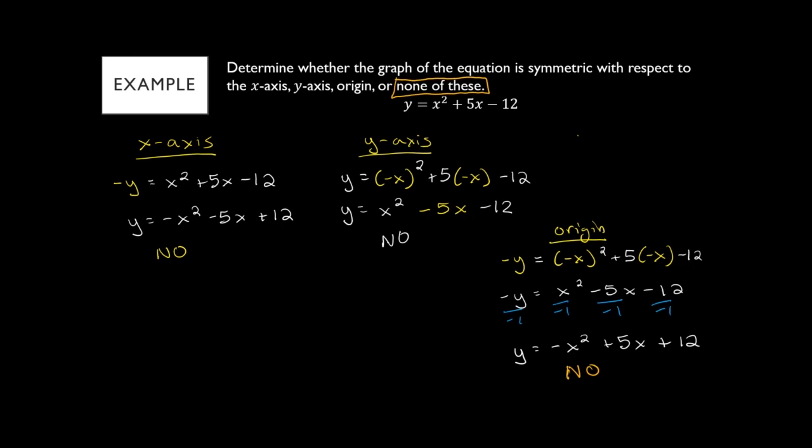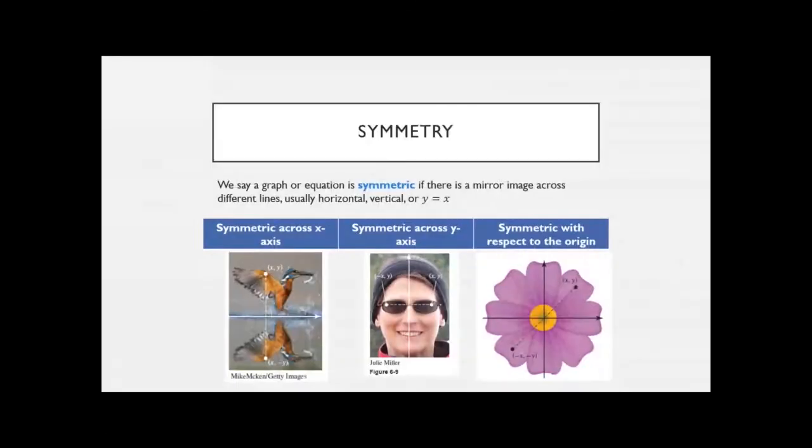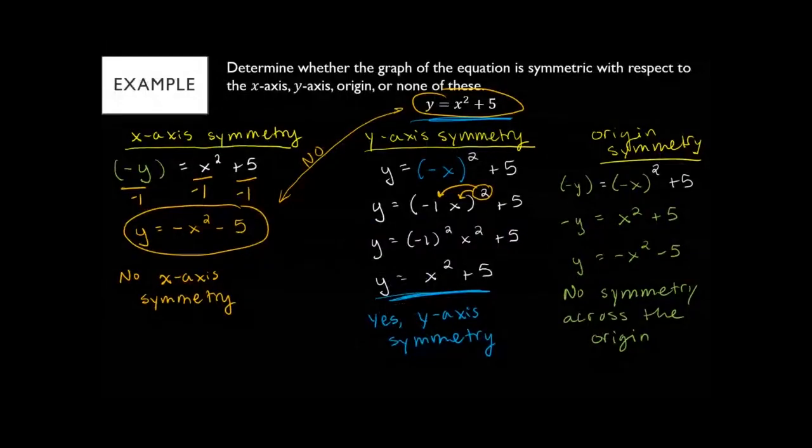So if you plug in a negative something and you have an exponent other than a square like we've done, like if you have an x cubed maybe, I wanted this slide, there we go.